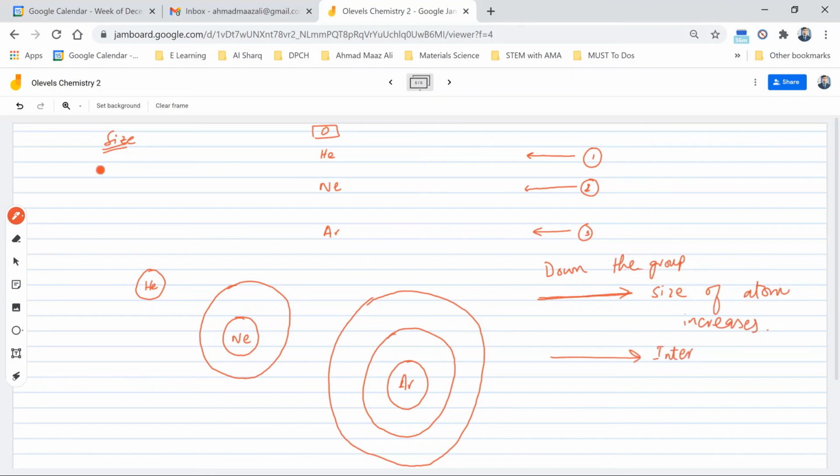Intermolecular forces also increase because they depend upon the size. Intermolecular forces are basically the forces between one atom and the other atom. I'll explain it in a minute. And when intermolecular forces increase, of course, the boiling point or the melting point also increase.